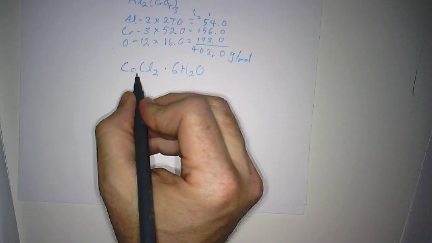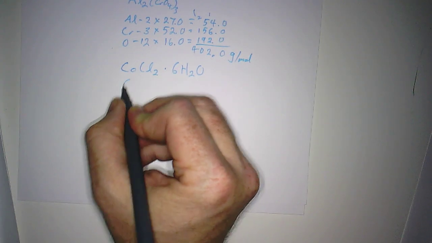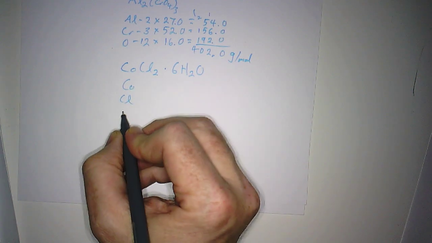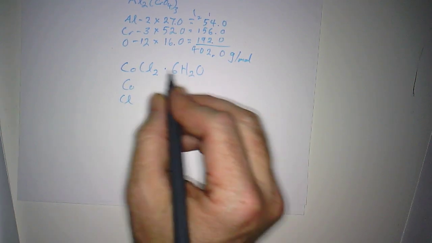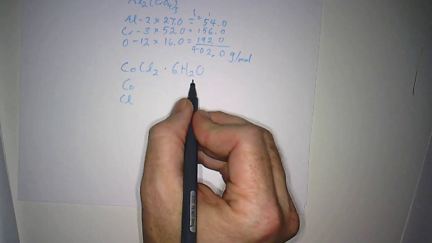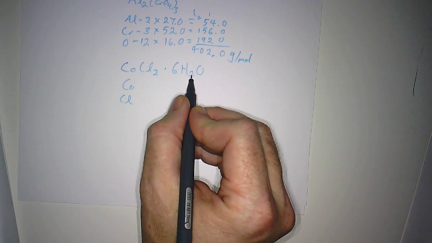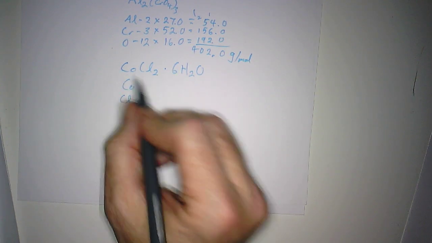CoCl2.6H2O. All right. So what you would do, again, you would do your atom inventory. Now, what I like to do, and you don't have to, you could go ahead and do your H's and your O's out. But when you do that, you would need to distribute. The 6 only goes with the H2O. All right. It does not go back this way.